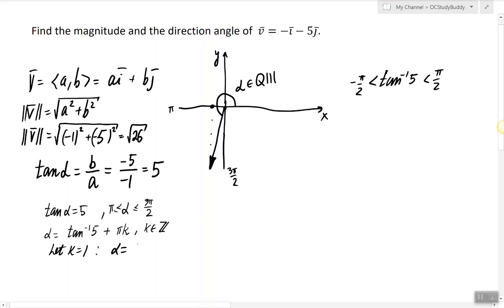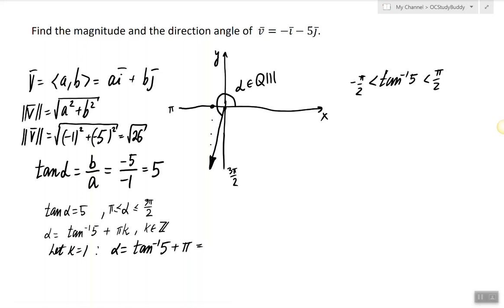So if I set k equals 1, the answer will be tangent inverse of 5 plus pi, and we can use a calculator here to find the tangent inverse of 5, which is 78.7 degrees.